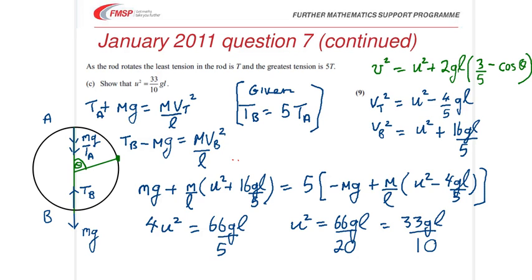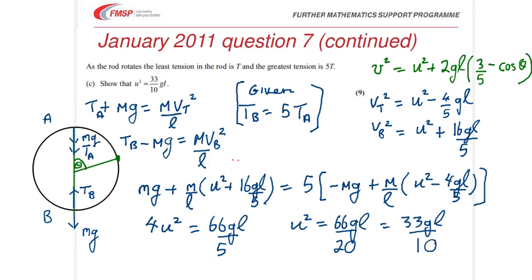Then down here, all I've done is worked out an expression for the tension at the bottom and put it equal to 5 times the tension at the top. If you look carefully, you can see how I put those together to get this one. Although it looks a bit messy, you can multiply through by L, divide right through by m, collect up the u squared terms. It's fairly okay, and you get the expression they want in a couple of steps.